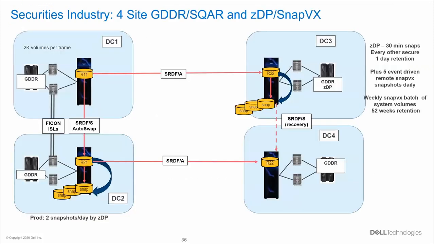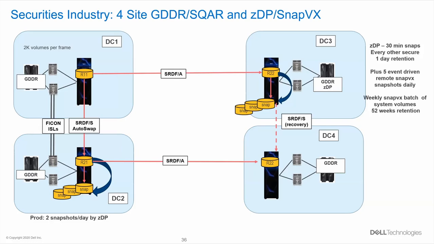Here's another example. This is a securities industry example. This is a 4-site topology with 1 array in each site. And they take 2 snapshots a day at the synchronous target in the bottom left. And in DC3, one of the asynchronous targets, they're doing 30-minute snaps with every other snap marked secure.